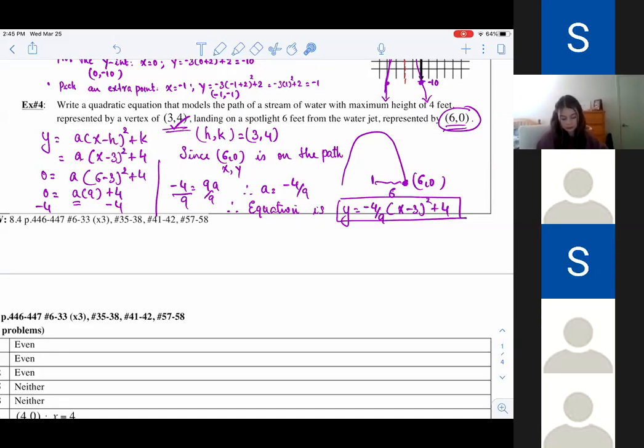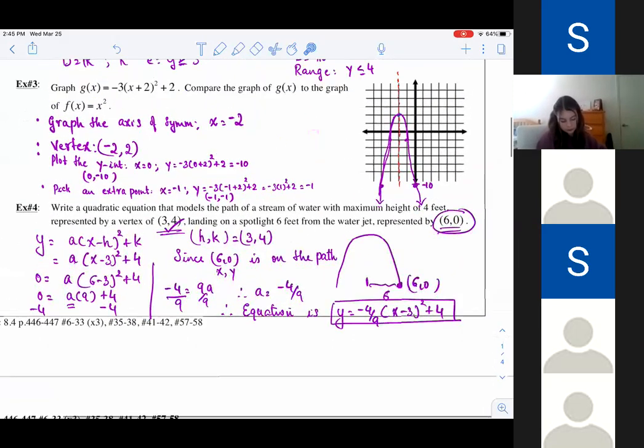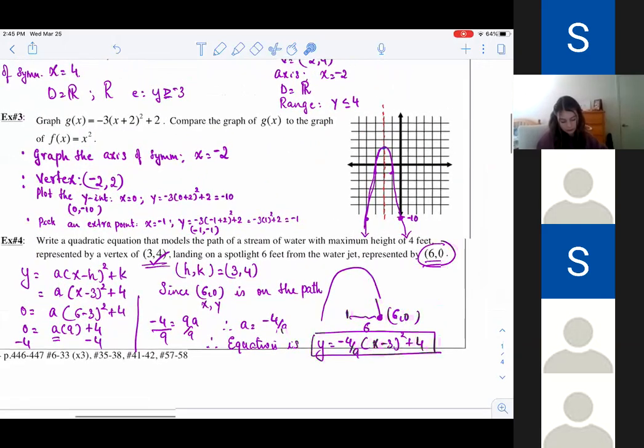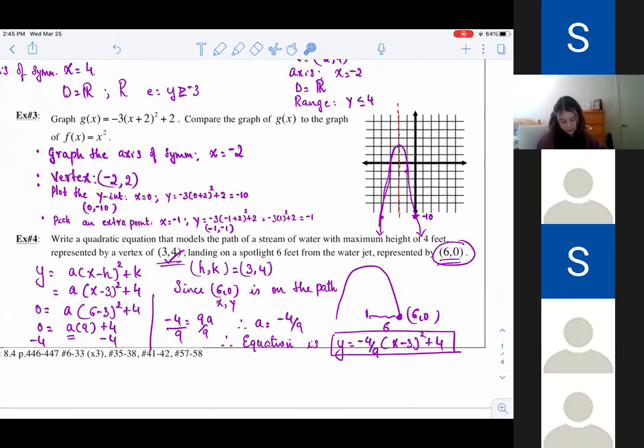Hey, we forgot one thing to do in example 3. We are asked to compare the graph. We didn't compare it, we only graphed. Let's look at the graph or just look at the function and think about the comparison. I'm going to write it down: comparison.